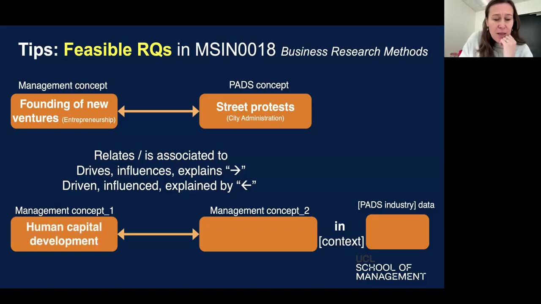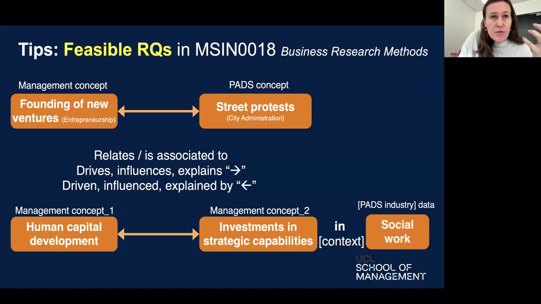Another example here: human capital development relates to, is associated with, investment in strategic capabilities, let's say in the context of social work. And I'd like to actually look a bit closer at this question and give you tips for such a question.